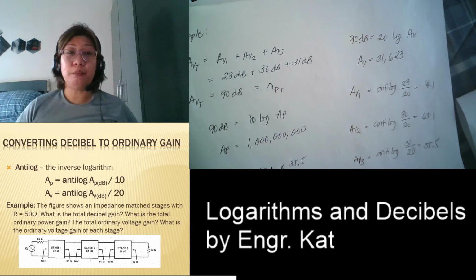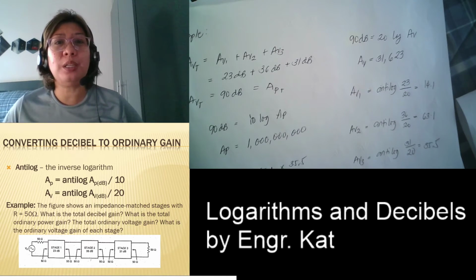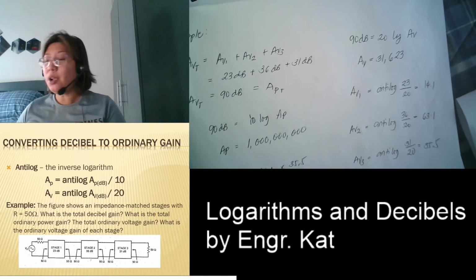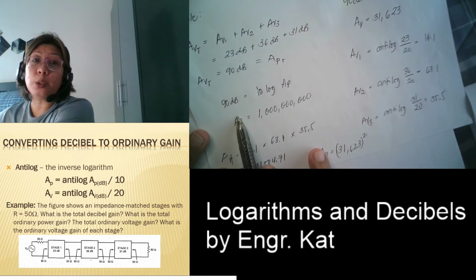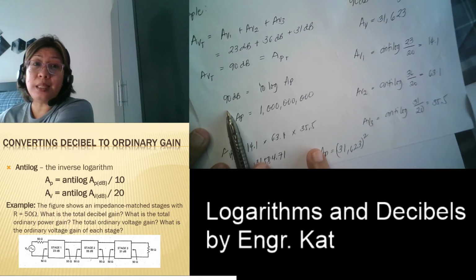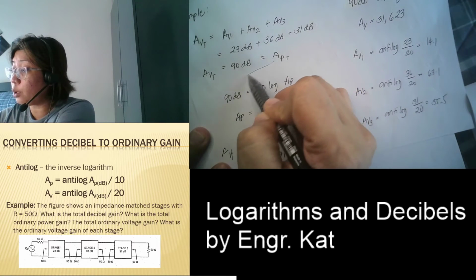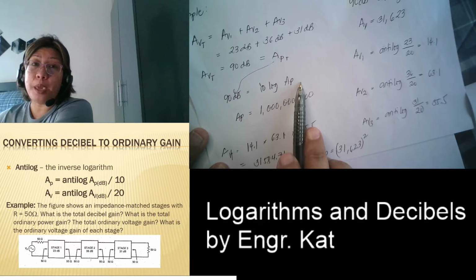But that doesn't mean that your ordinary voltage gain is equal to the ordinary power gain. Since the decibel values are equal because of the impedance match, we can solve for your power gain. So 90 dB equals 10 log of AP.